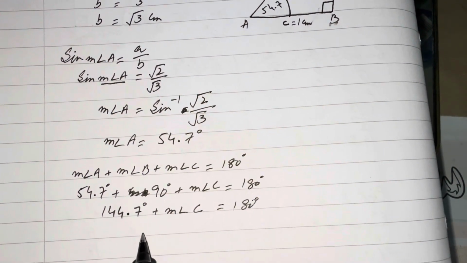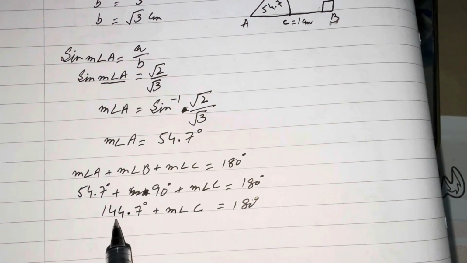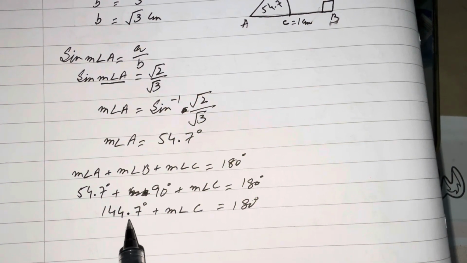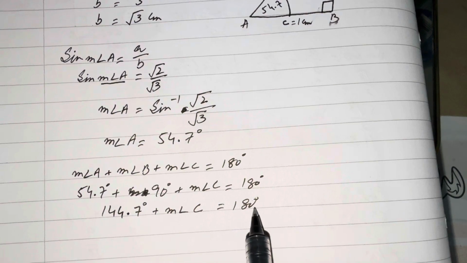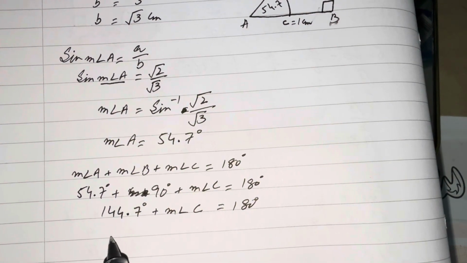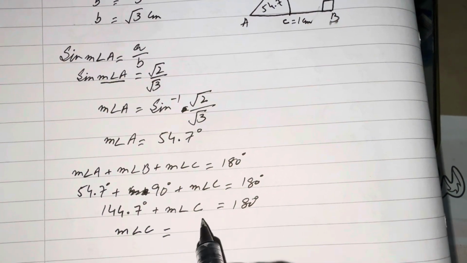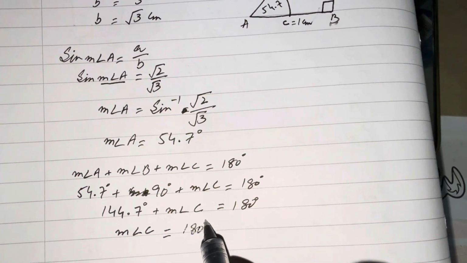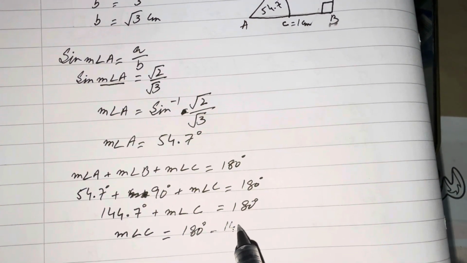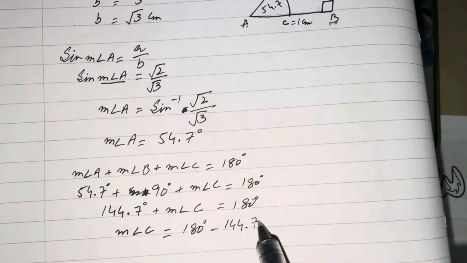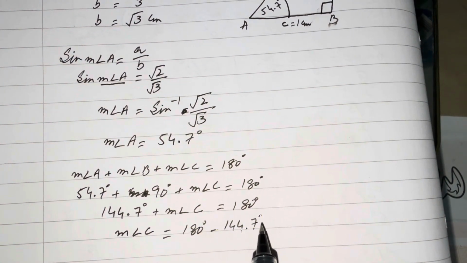So now we have to find the measure of angle C. Switching this 144.7 degrees from the left hand side to the right hand side, the measure of angle C is equal to 180 degrees minus 144.7 degrees.